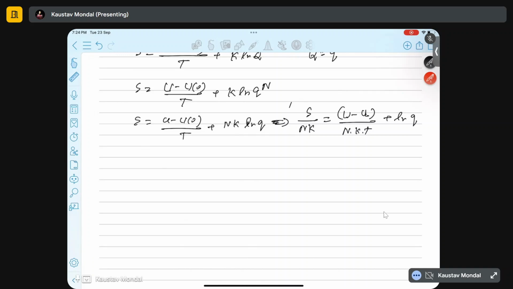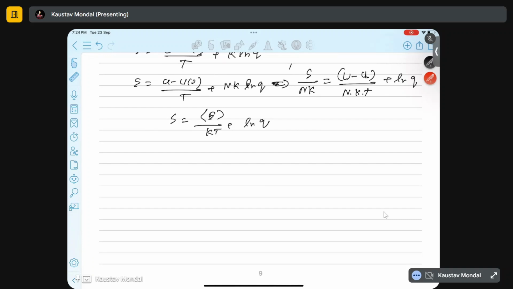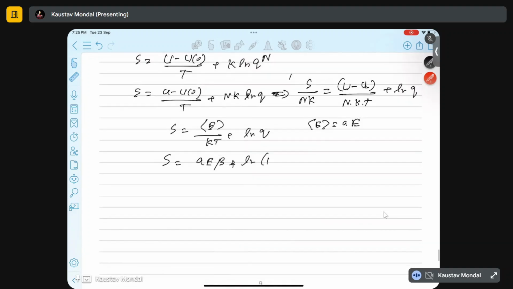So S by Nk is nothing but the mean energy E by kT plus ln q. 1 by kT is nothing but beta, and the mean energy you already know is Ae, so you can write S by Nk as A e beta plus ln q. The q expression you can write in terms of A, that is 1 plus A.